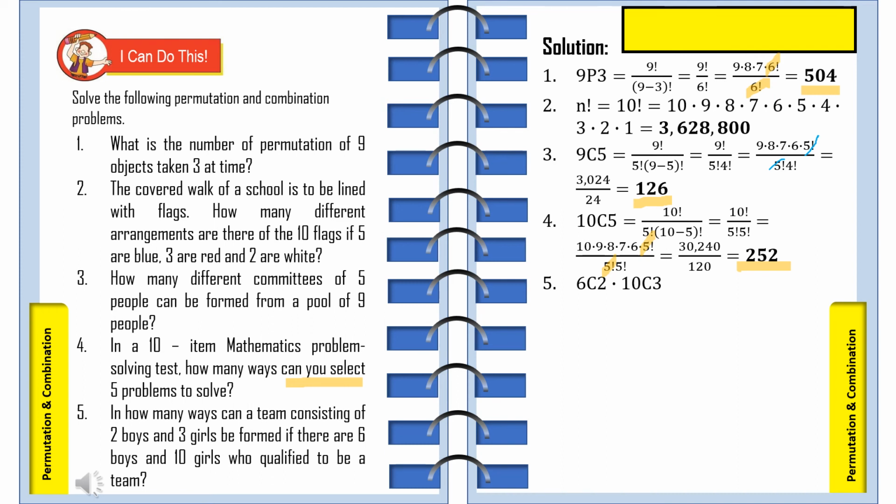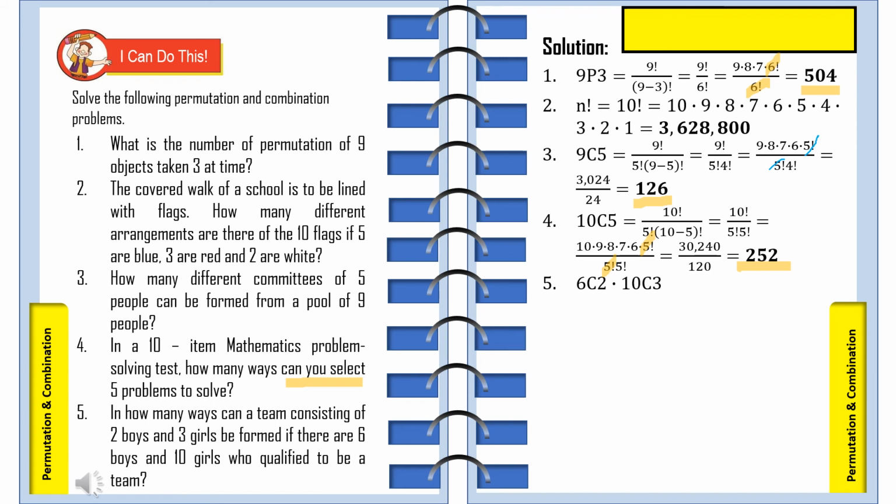So dito, aside from choosing only the number of participants dun sa team, may specific din sinasabi na dun sa 5 na pipili mo, specific siya. Kailangan sa 5 na yon na pipiliin mo, 2 dun lalaki, 3 babae. Out of 16 na possible. So, bakit 16? Kasi we have 6 boys, 10 girls.